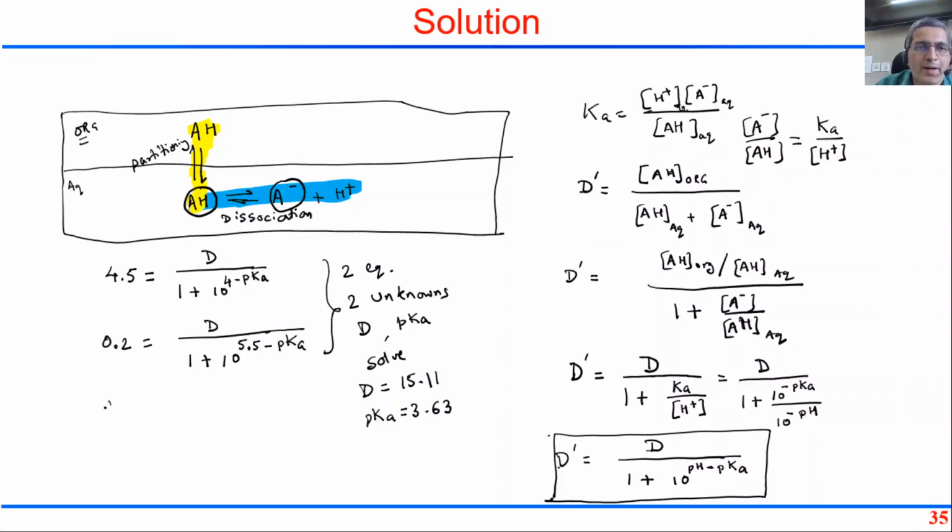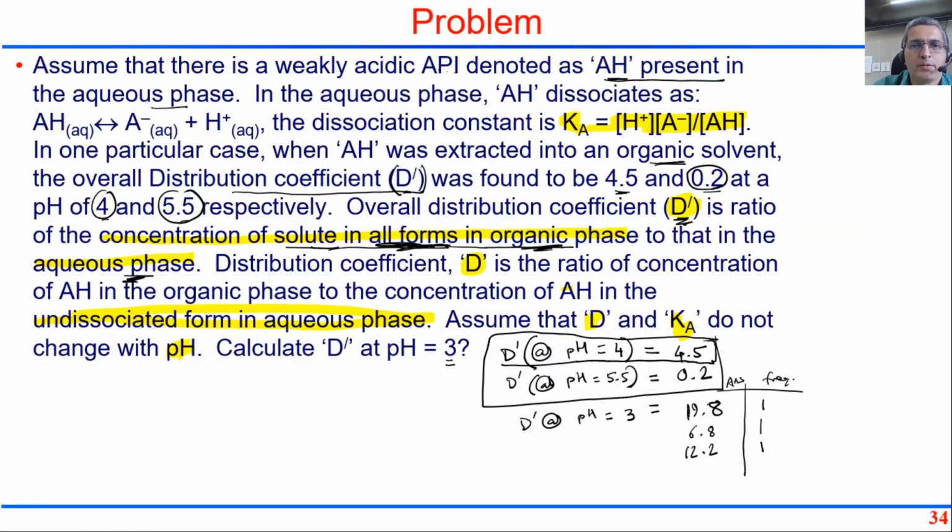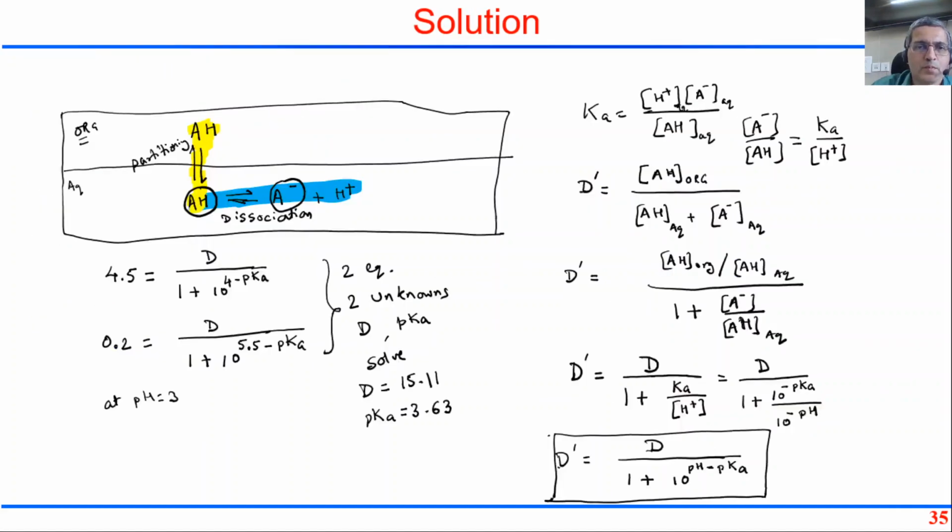And D is 15.11 if you like. So now what do you want? At pH equal to 3, we want to find out what is the D prime. So D prime would be D, that is 15.11, divided by 1 plus 10 raised to 3 minus 3.63.